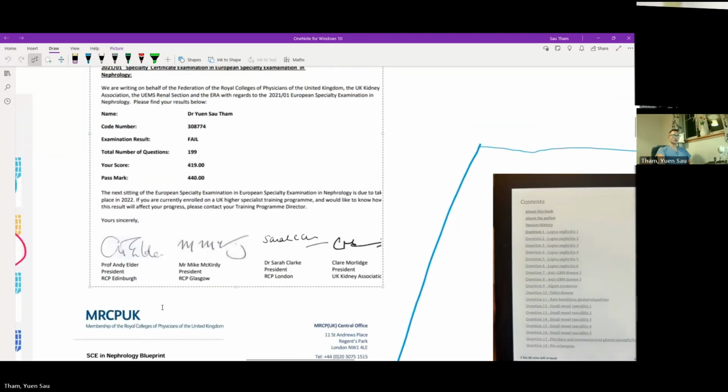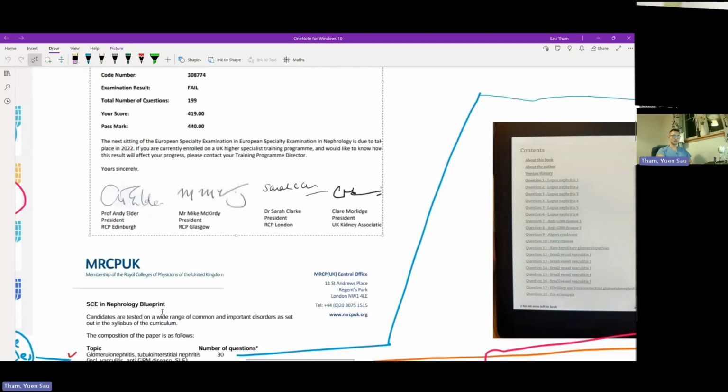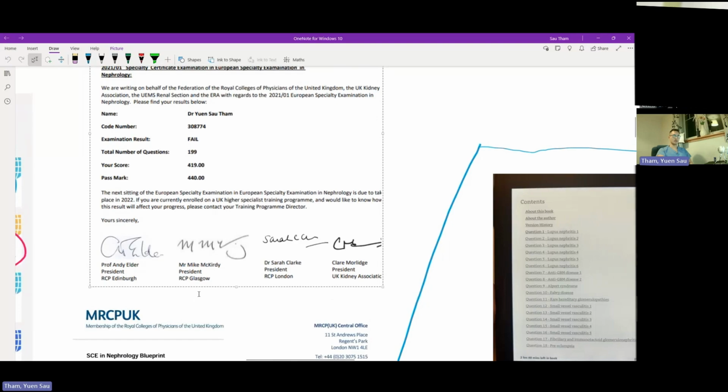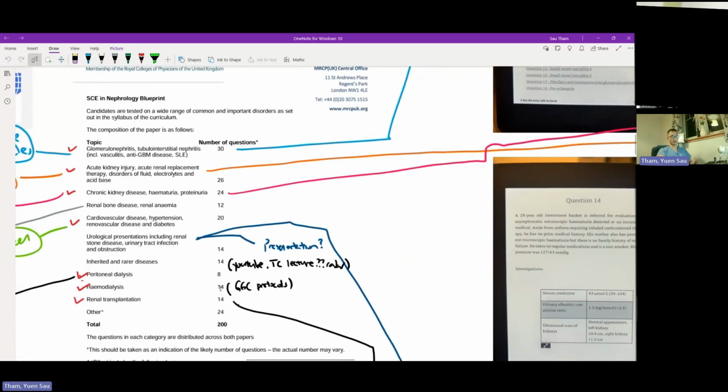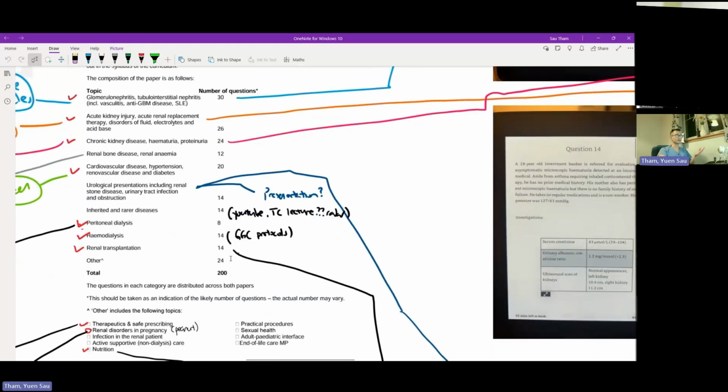Fine. So, now that that's out of the way, let's look at the nephrology blueprint, and this is available on the ESENeph website. Have you guys seen this? No. Okay. So this basically tells you the layout of the exam. In the exam, there are 200 questions, and they are split according to these numbers here. So the topics.